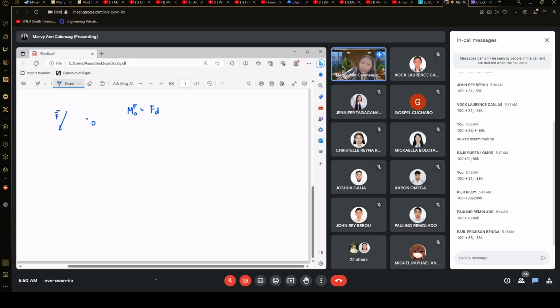D, being the moment arm, is the perpendicular distance from the point, the moment center, to the line of action of the force. It should be the perpendicular distance. That is the scalar definition.